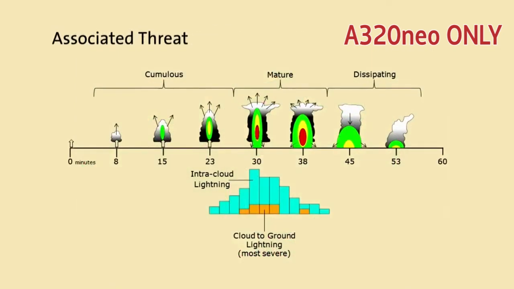MultiScan ThreatTrack's Associated Threat feature analyzes individual thunderstorms and infers the additional threat associated with the cell based on its intensity and life cycle development stage. During the early developing cumulus stage and late dissipating stages of the cell, threats are relatively minor.